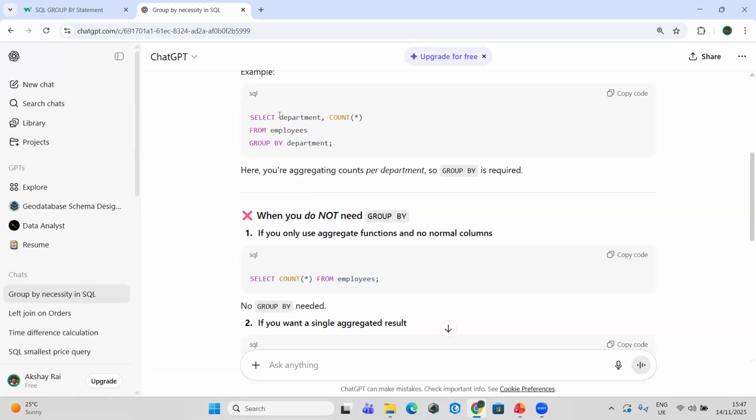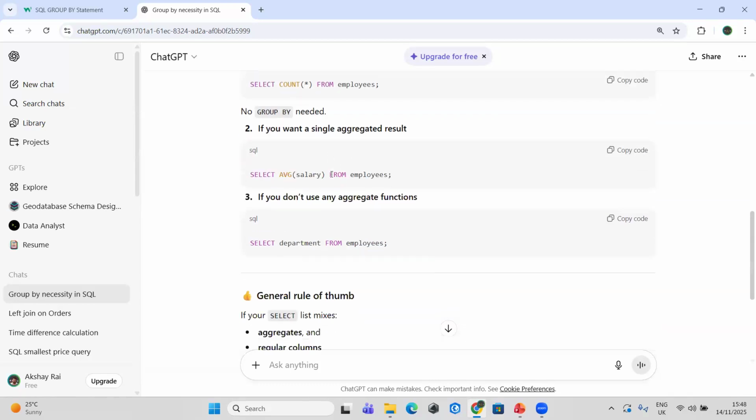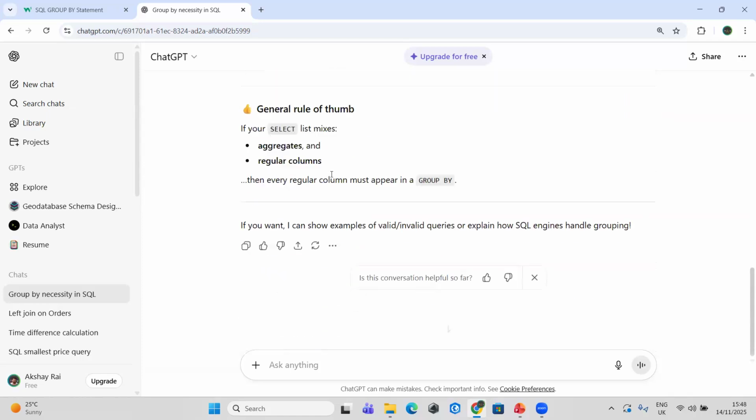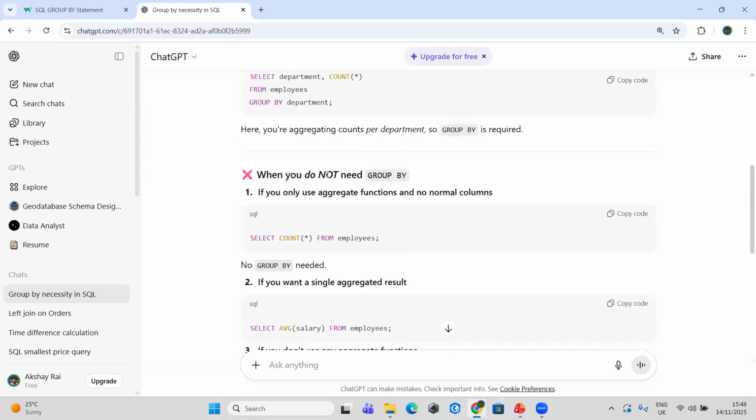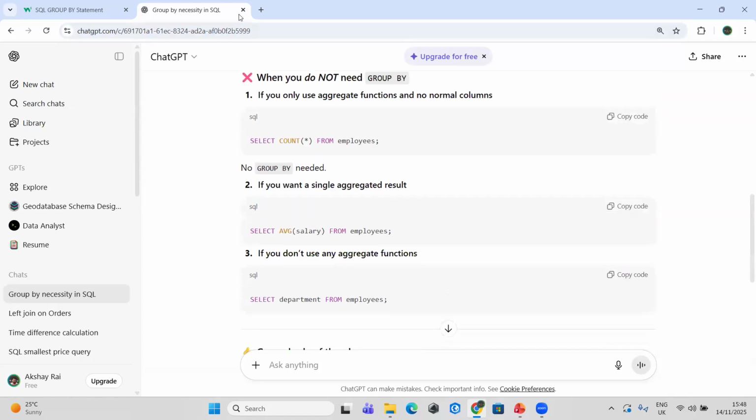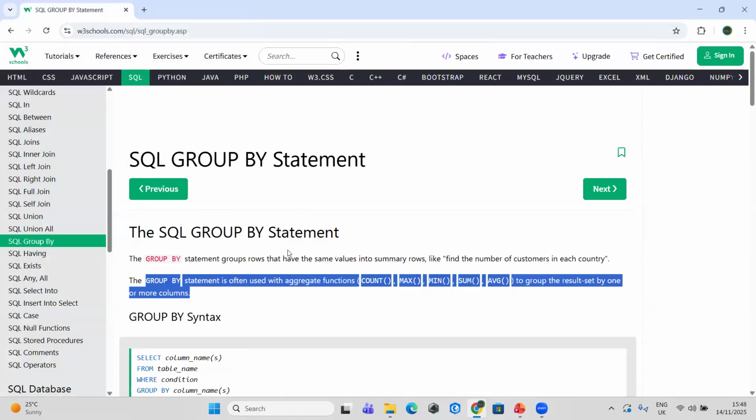I'm telling it to select department as well as I'm telling it to count. I'm expressing that count group by department. So there is an aggregation that I'm doing. Maybe don't worry about this being a little complex, but the more you practice, the more you will be able to understand how this one is working.